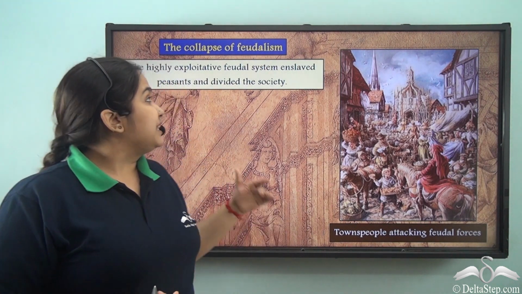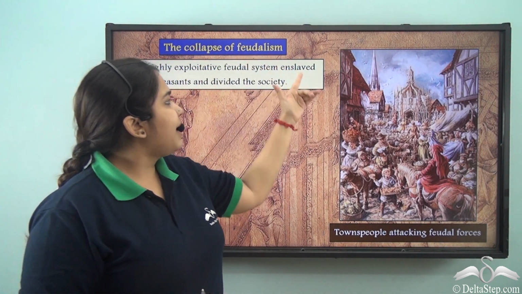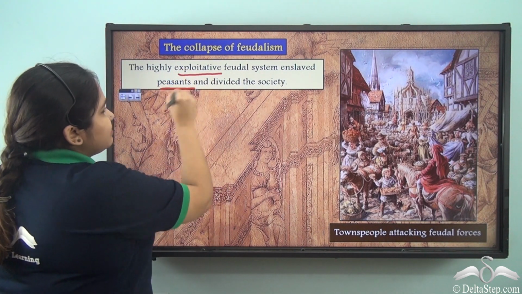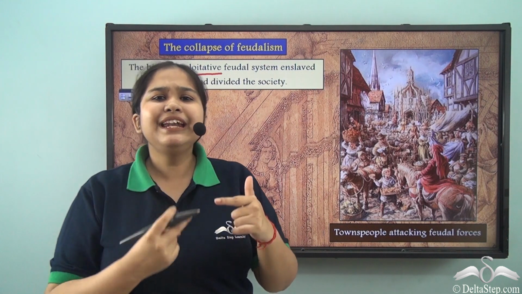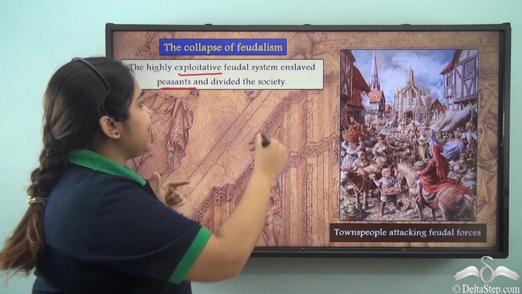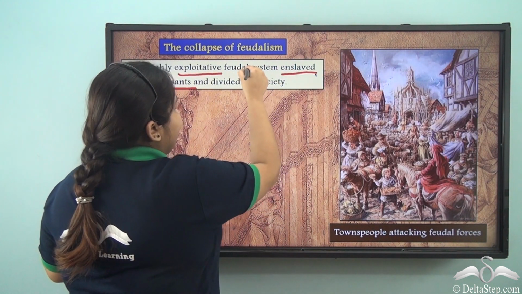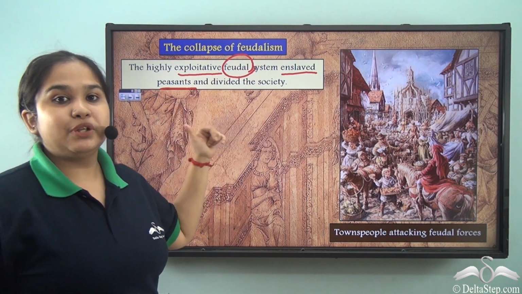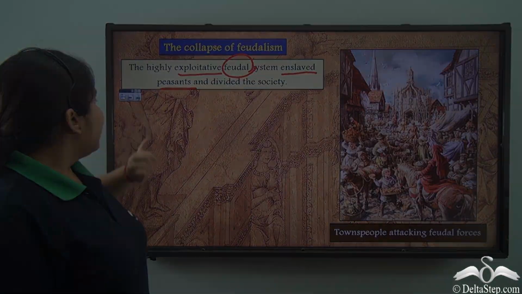So this entire factor of exploiting the peasants created a very divided society. This enslavement in the feudal system was what created this particular divided society.